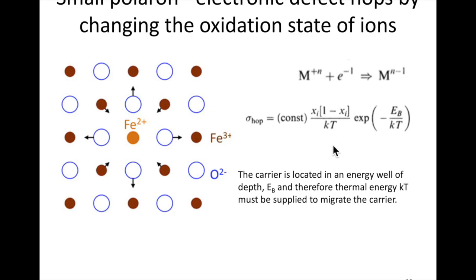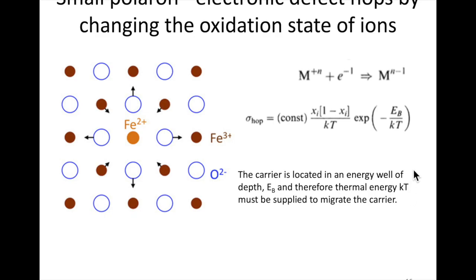All right. So in doing this, that energy that we have to put in, that energy barrier to this process, is what we call EB here. So that's the energy well, or depth, of the energy it takes to migrate the electron from one place to the next. That's normally supplied by thermal energy, that kT term that we have.